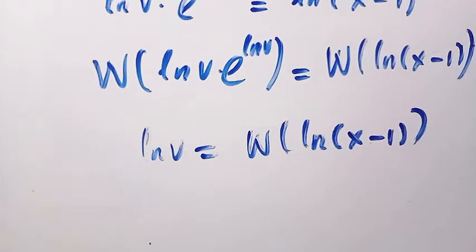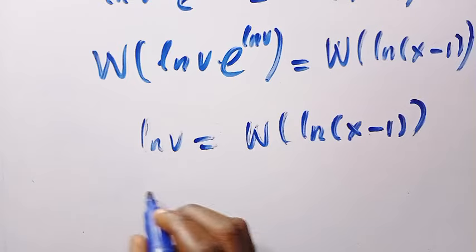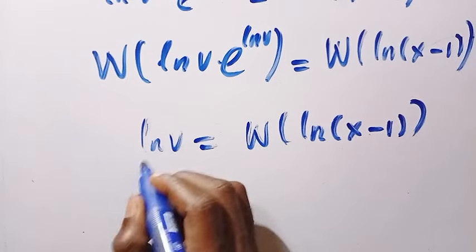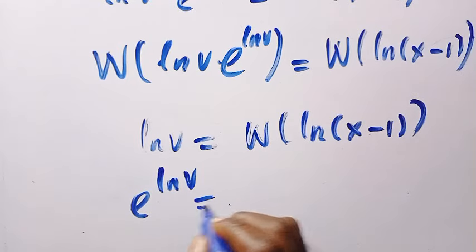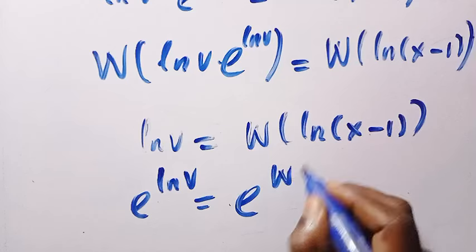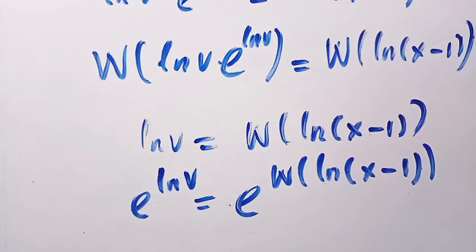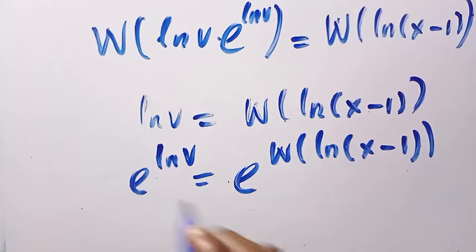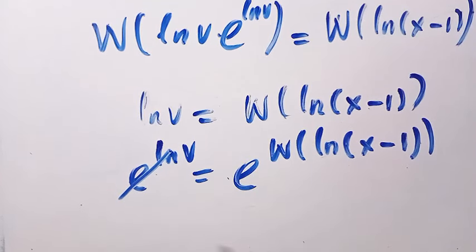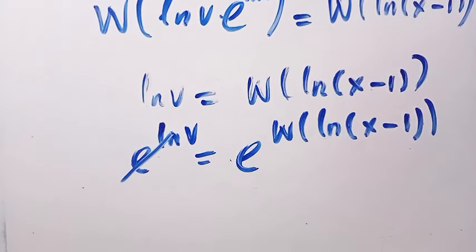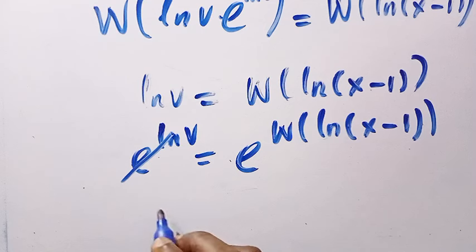And we need v here. Let's introduce exponents to both sides. Here we have e raised to the power of ln v equals e raised to the power of omega of ln of x minus 1. Then this cancels, and we have only v.